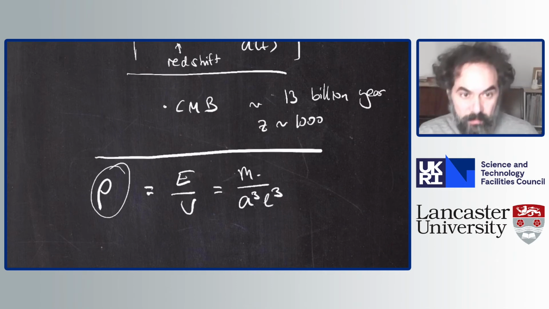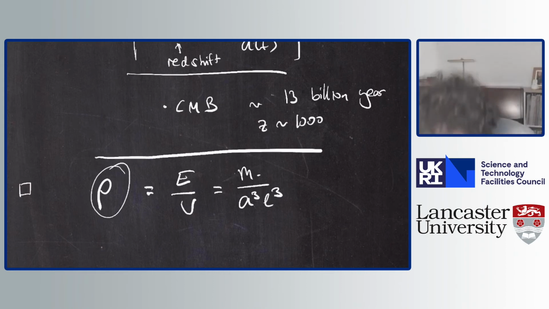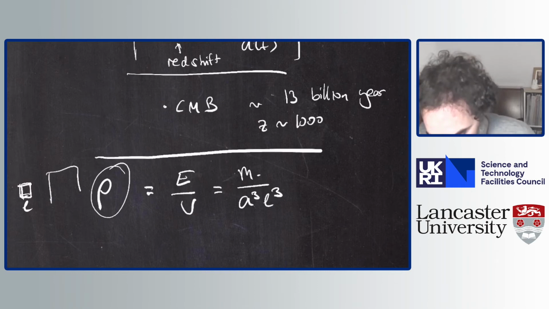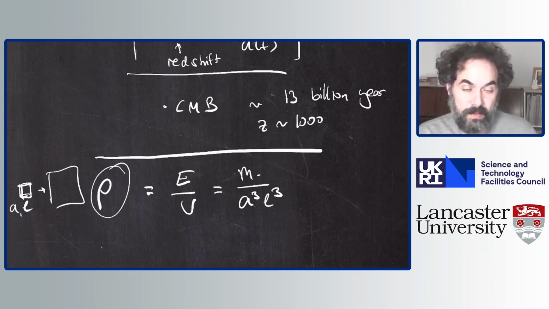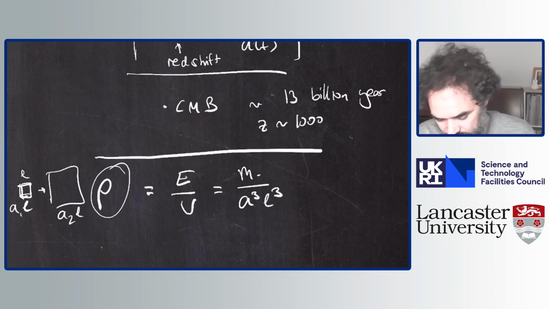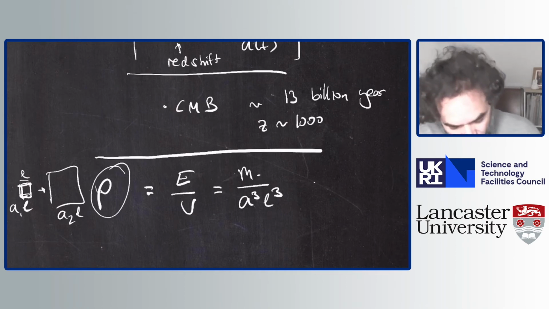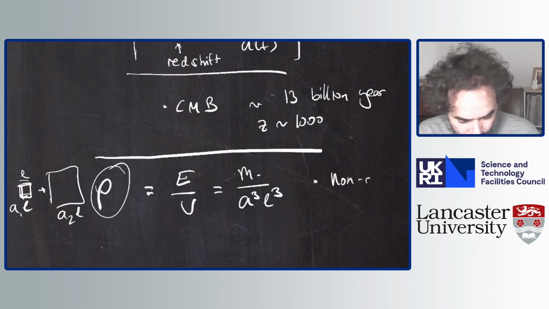If the volume expands, remember that all the distances are multiplied by a factor A, which changes at a different rate at different stages of the cosmic history. This is going to be A times L, cubed. So the energy density for non-relativistic matter is this one.